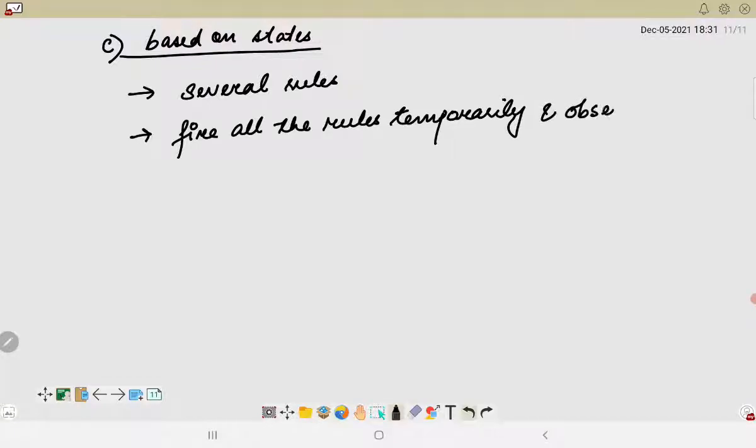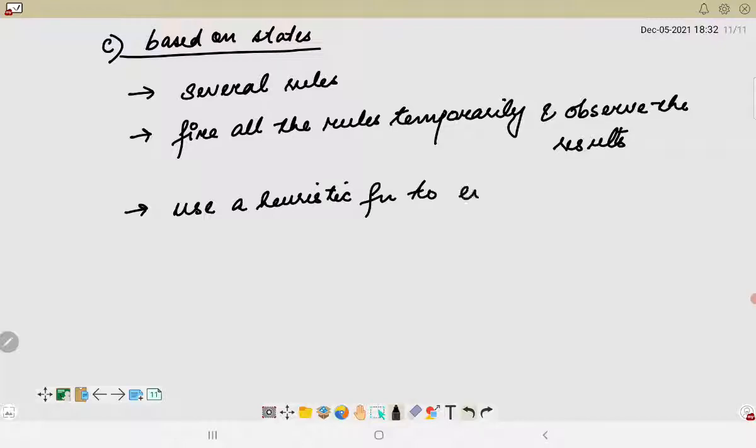Okay, and here we have to use one important point, which is that we will use a heuristic function to evaluate the results, and we will be selecting one preferred result based on the heuristic function.